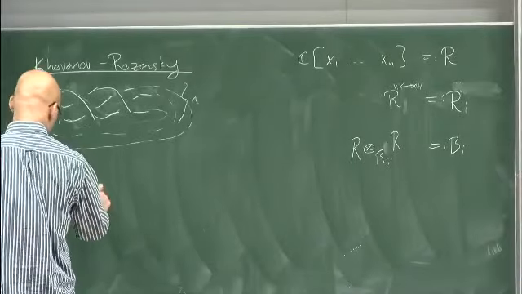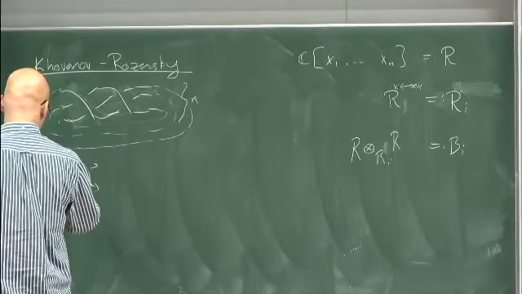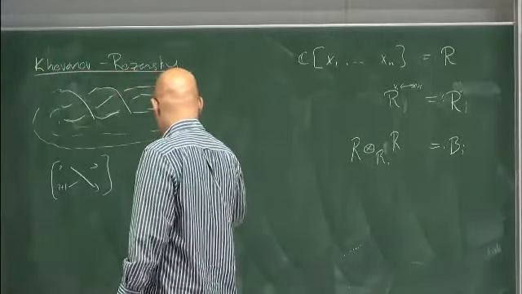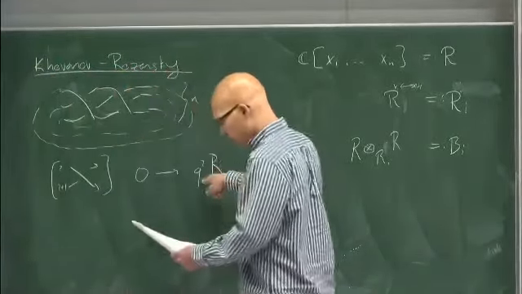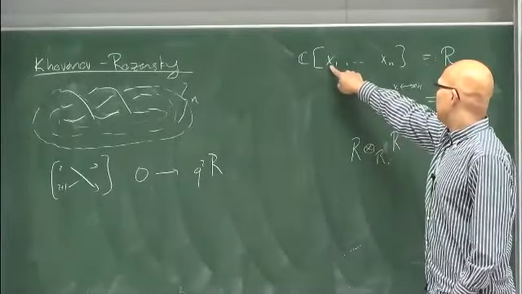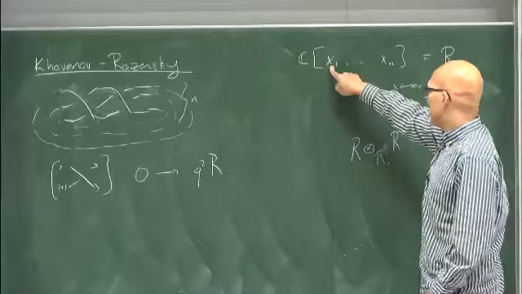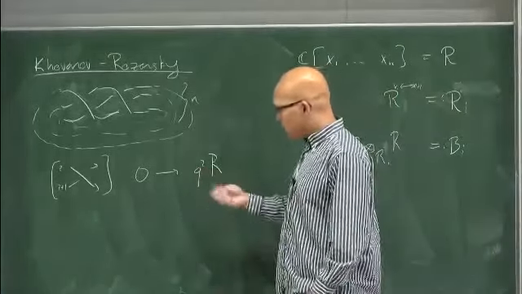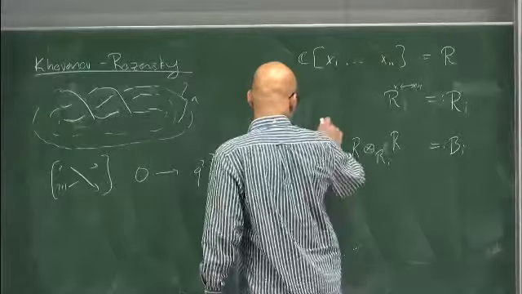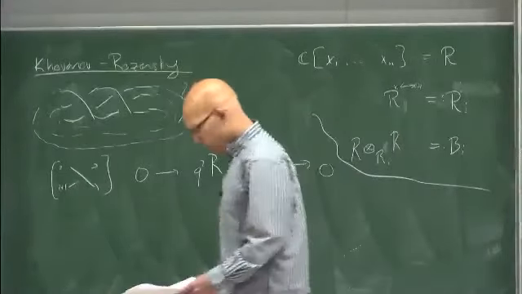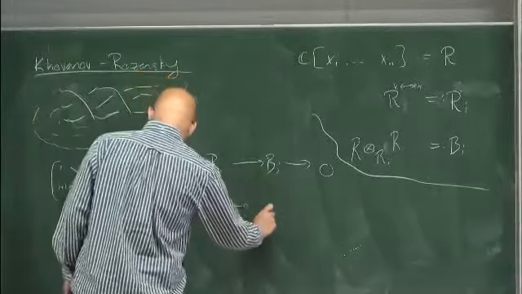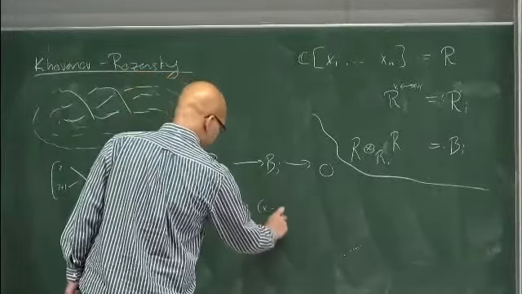You write, so there's one like this, and this one goes 0 to q squared R. By q squared, I mean, this is a graded ring. The polynomial variables I take to have grading 2, and by q squared I just mean shift the grading by 2. Okay, so this is one of these things, and this map sends 1 to x_i minus x_{i+1}.